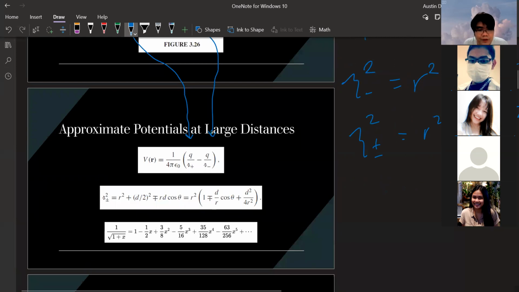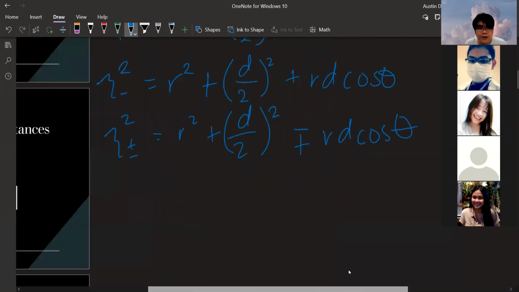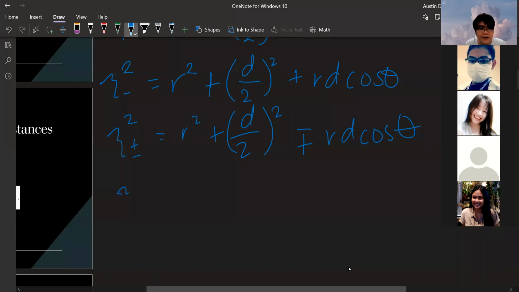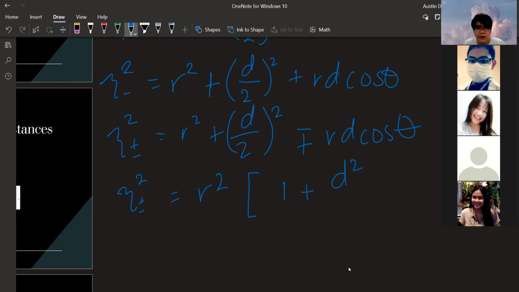Then I can just factor things para maganda tingnan. So si R squared is just a scale, may scale na lang yung R squared na 1 plus D squared over 4R squared. Tama? Minus plus D over R cosine theta.